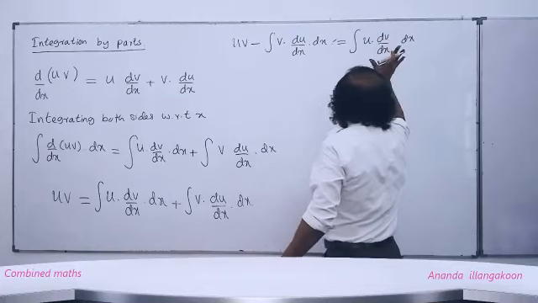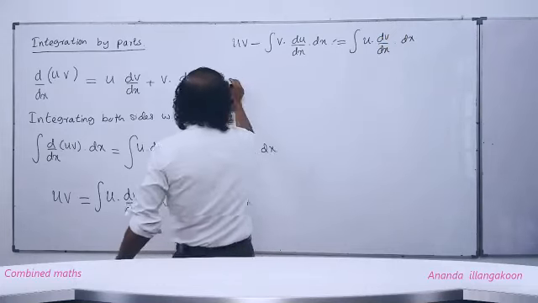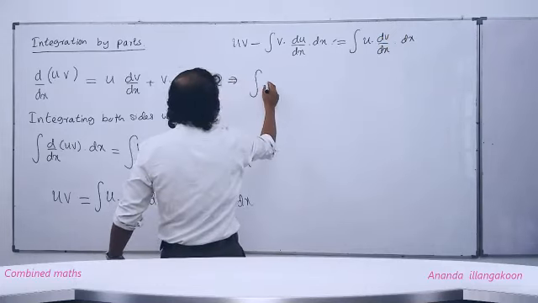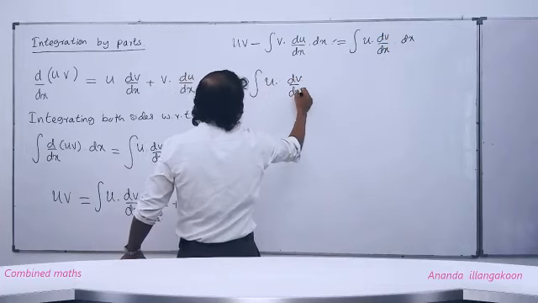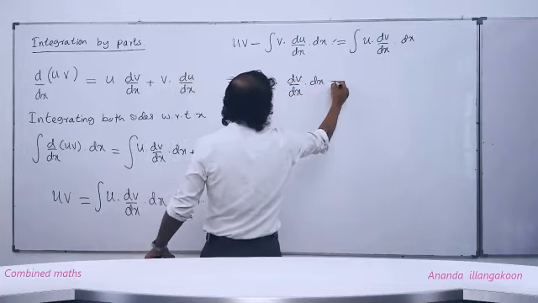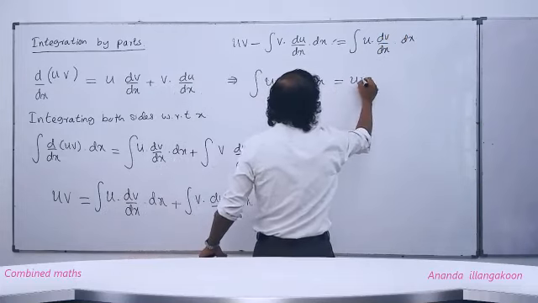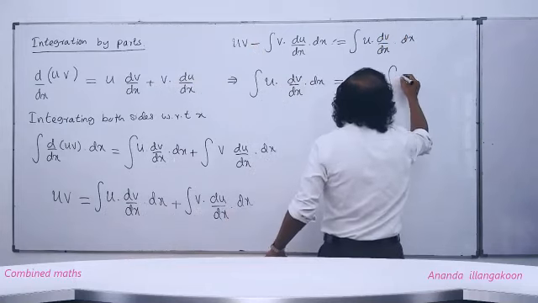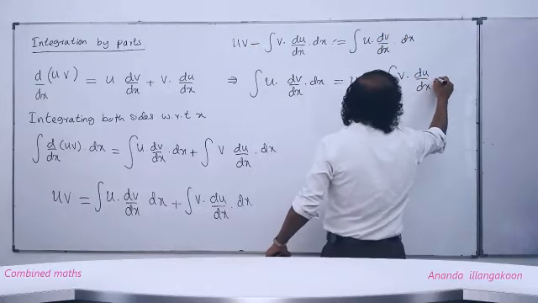So therefore, we can write in the left hand side, it is equal to this. This implies, people, integration of u times dv by dx is equal to uv minus integral of v du by dx.